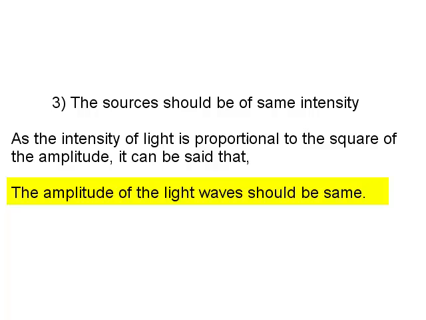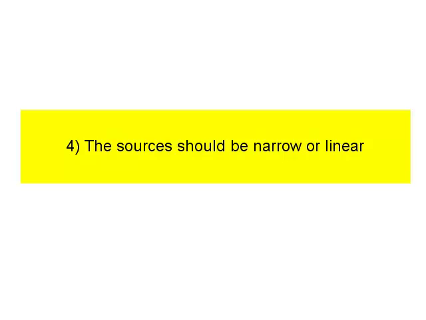Hence, instead of getting true dark point, we get less bright point. Thus, the interference bands cannot be distinguished properly. Hence, for distinct pattern, the intensity of light should be same. The fourth condition is the sources should be narrow or linear.